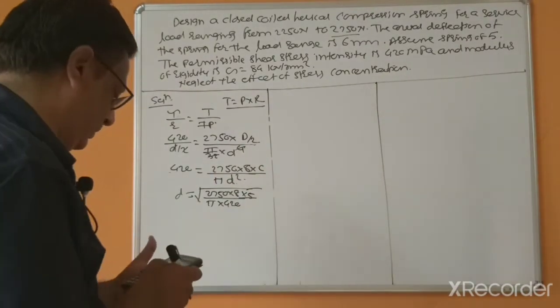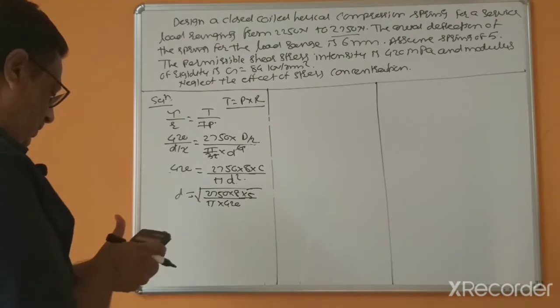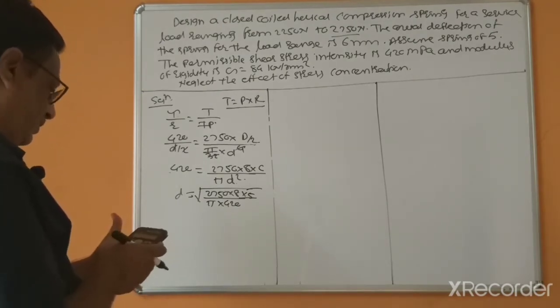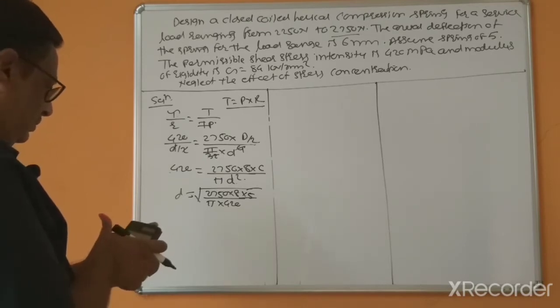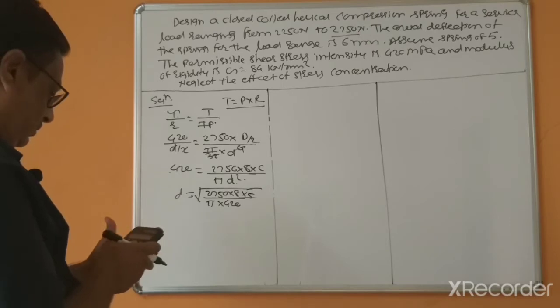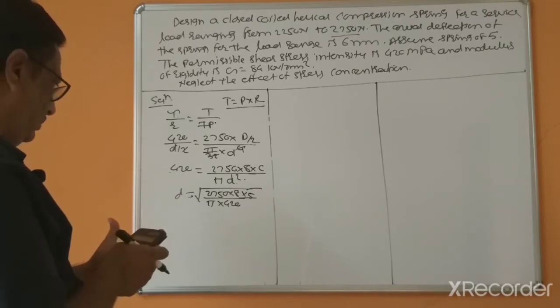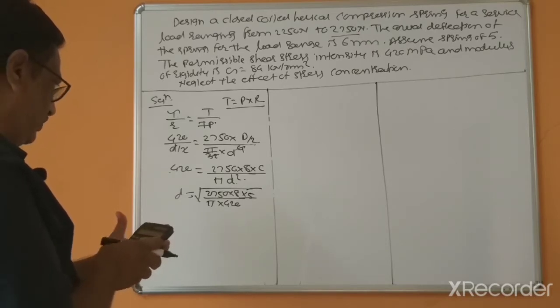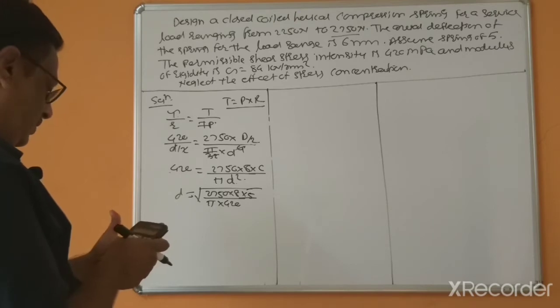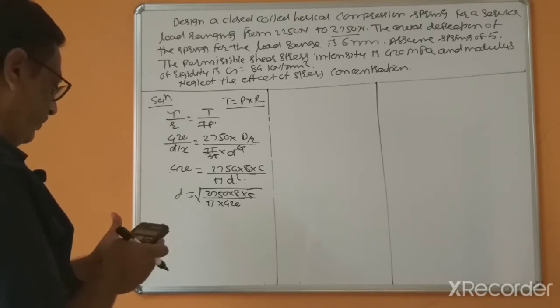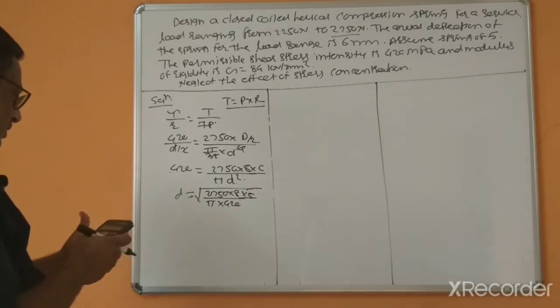Then d equals 2750 multiplied by 8 multiplied by 5 divided by pi and divided by 420. Right, this is correct.